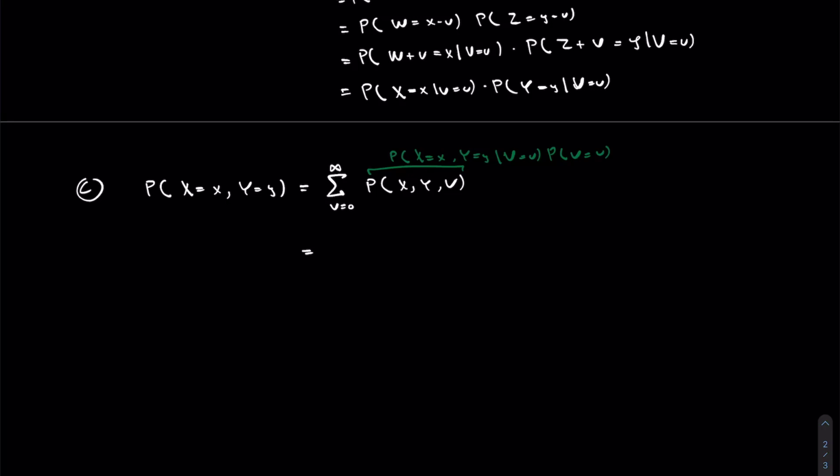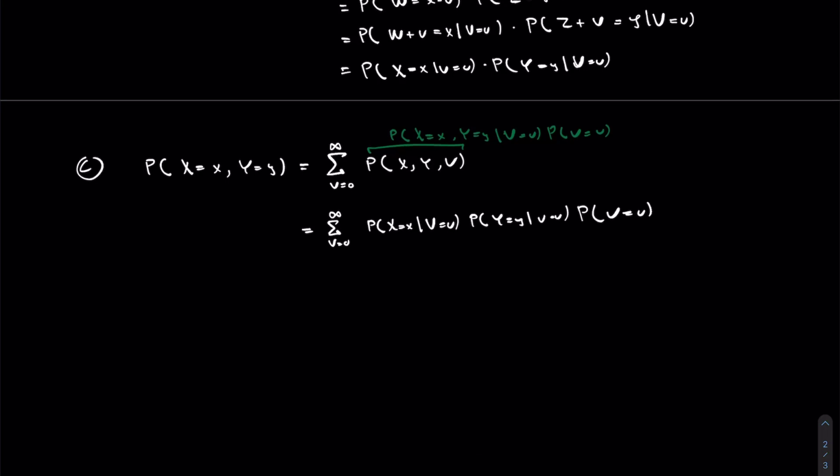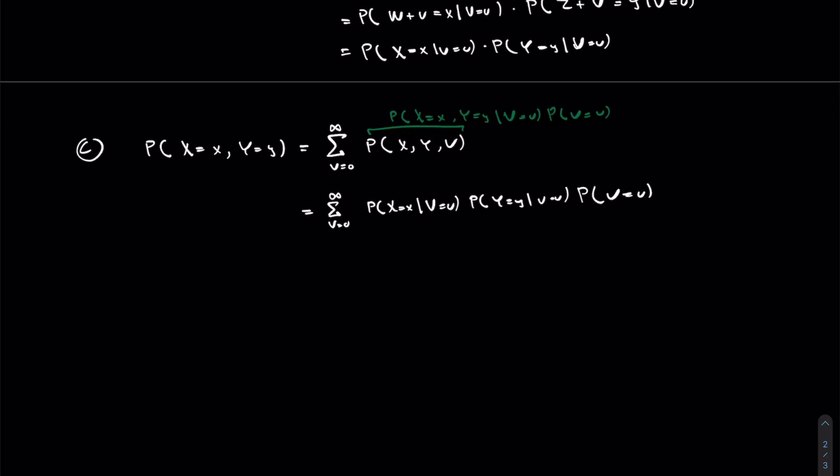That's what we showed in B. So we can write out P, the probability of X conditioned on V, and the probability of Y conditioned on V, multiplied by all this.